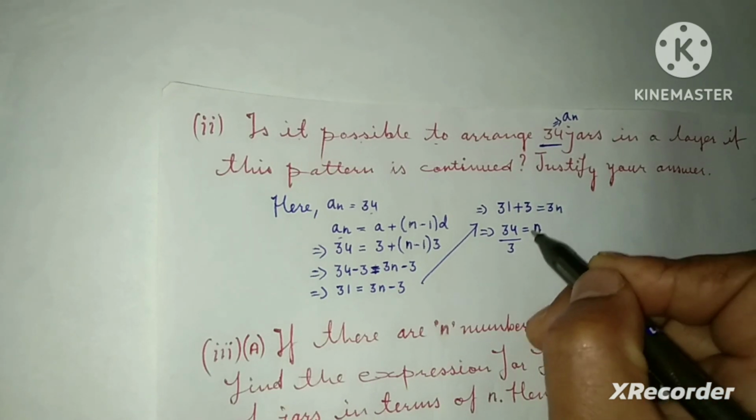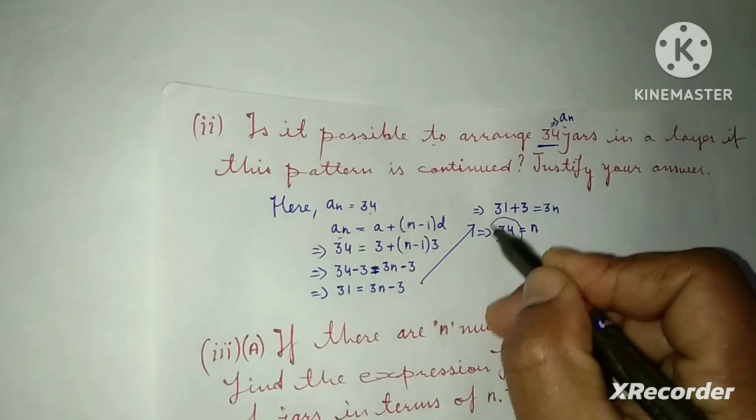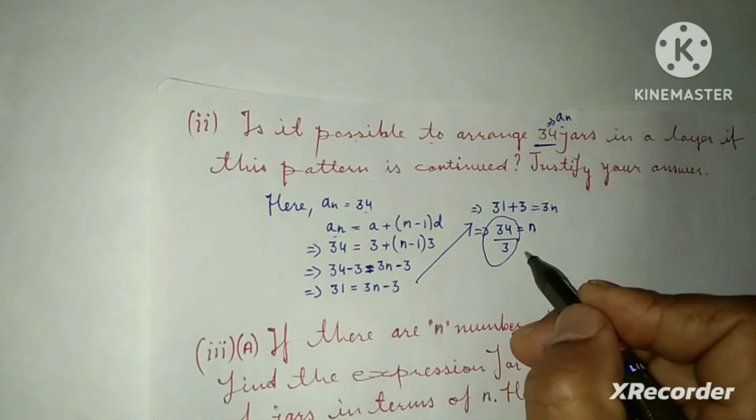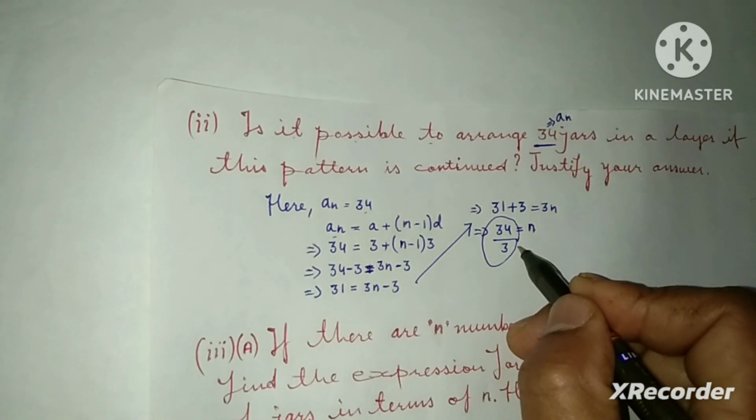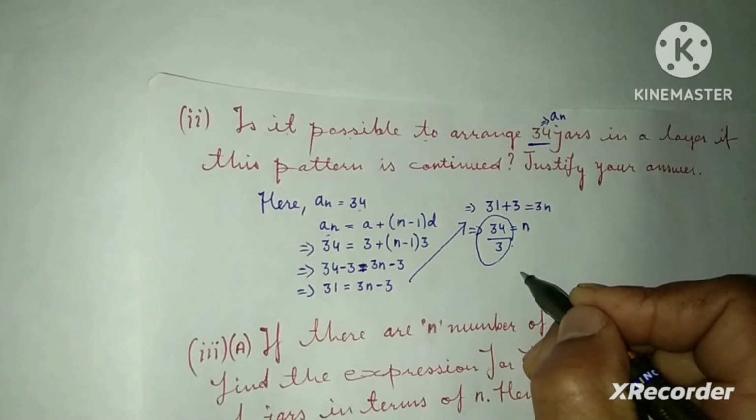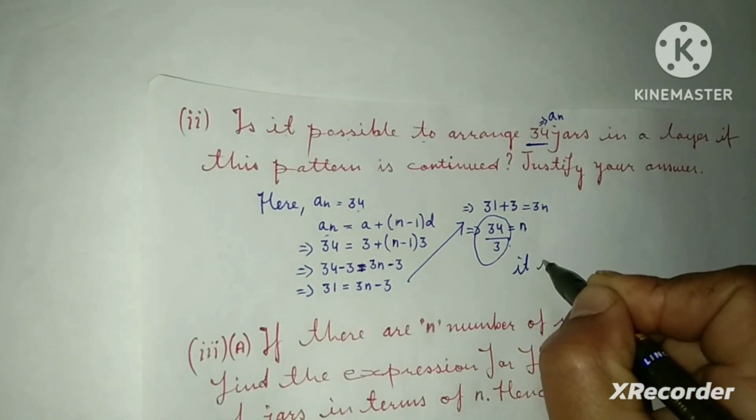Because here the value of n is in fractional form, and as we know n must be a natural number, right? So we can write here it is not possible.